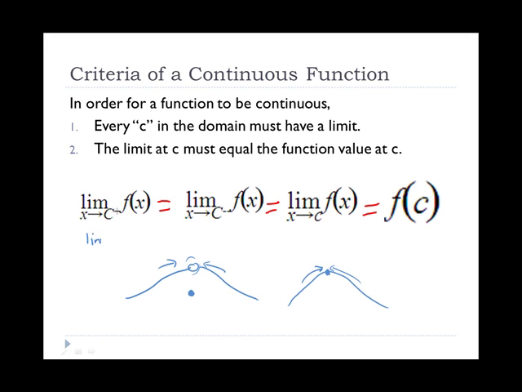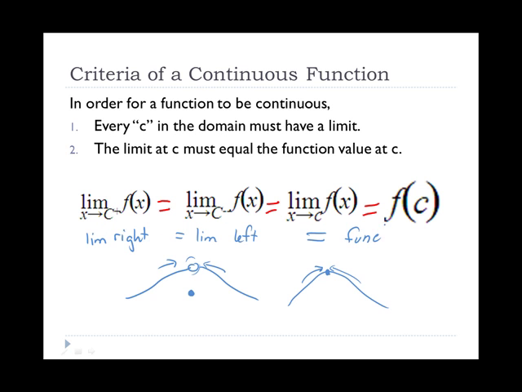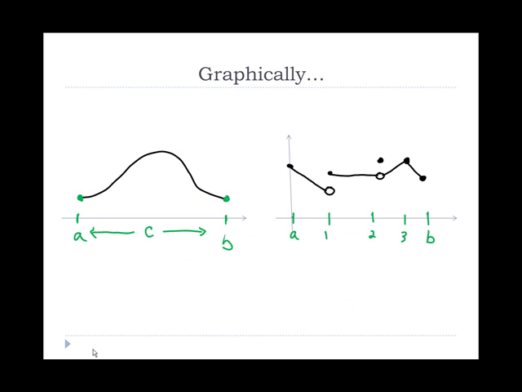So the limit from the right equals the limit from the left equals the function. And if all of that jives, then we have ourselves a continuous function. It really is just the idea that then we can draw it without picking up our pencil.